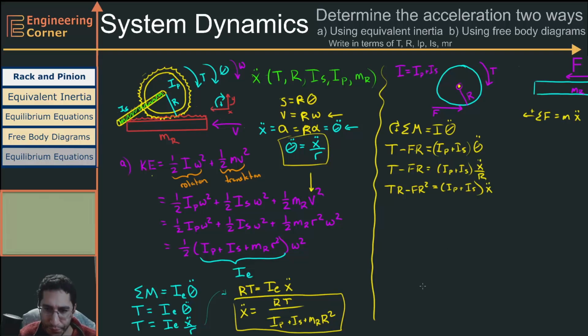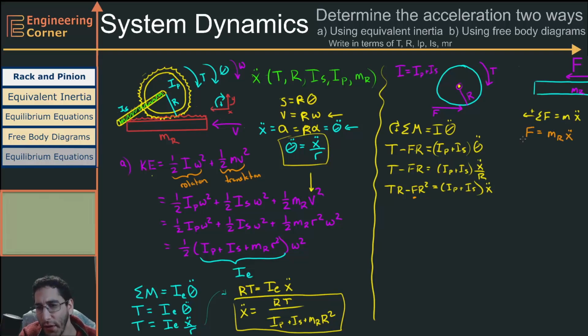Okay, so now we're almost there, but we have this F term. Luckily, let's go and look at this equation because that also has the F term. So F to the left is positive, so F is equal to MR times x double dot.